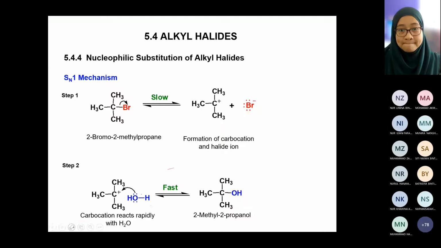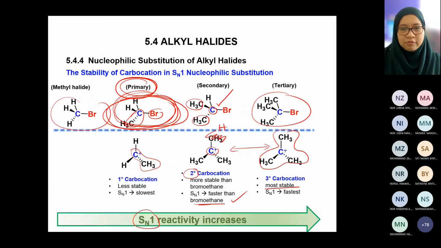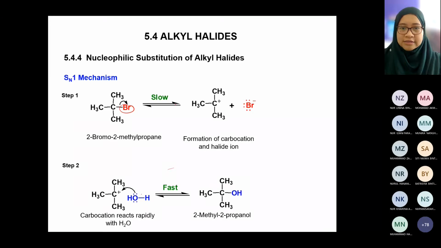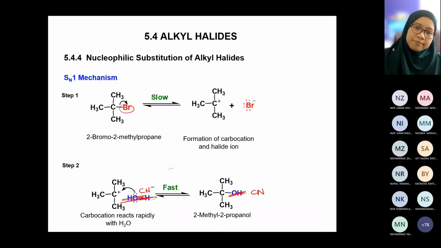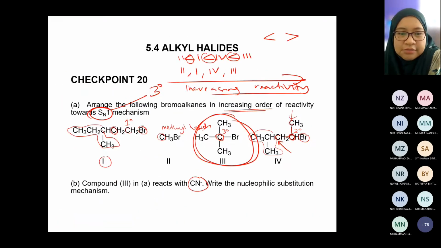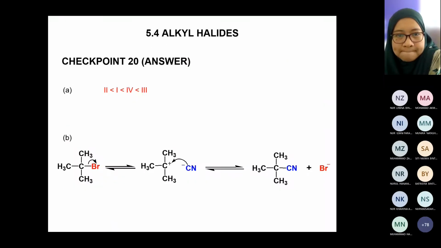Is it still bromine just now? Yes, still bromine. So we keep this one. The steps are exactly the same, it's just that this one you replace with CN. Tada, done. This one is replaced with CN. Okay, that will be the steps for the mechanism, because it asks for the mechanism. Make sure that you have all the arrows, okay? Yep, like this one.